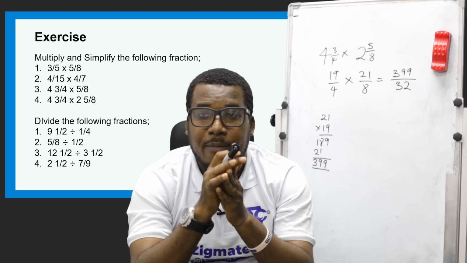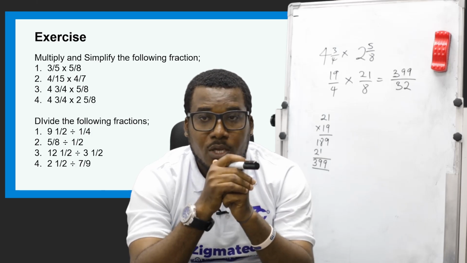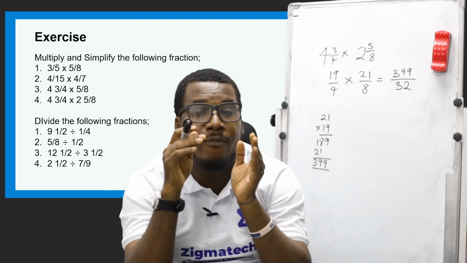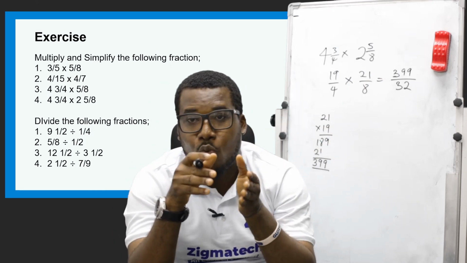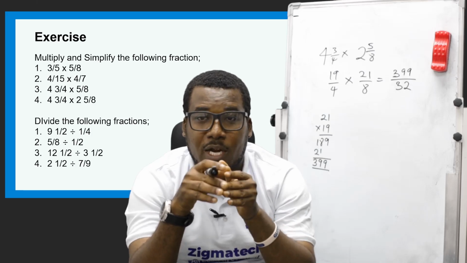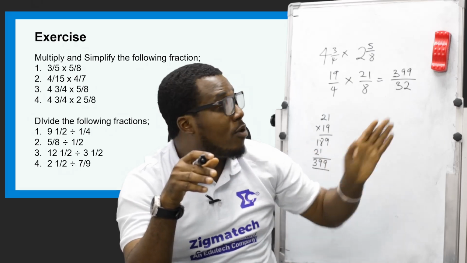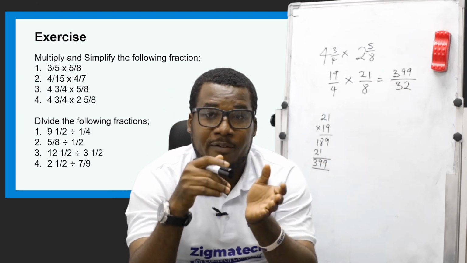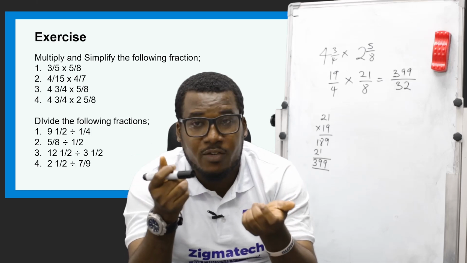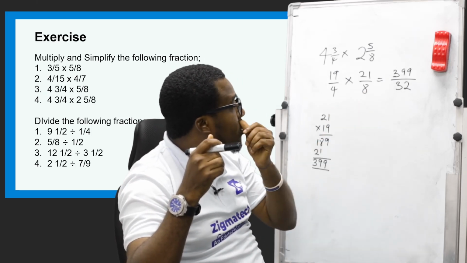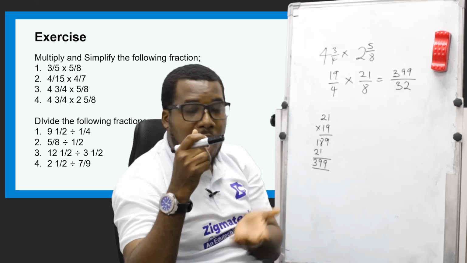So in this case, it's still in the mode of improper fraction. We have to bring it down to proper fraction, and to bring it down to proper fraction means we have to make it a mixed fraction. So let's see how many of 32 can go into 399 and how much will be remaining.